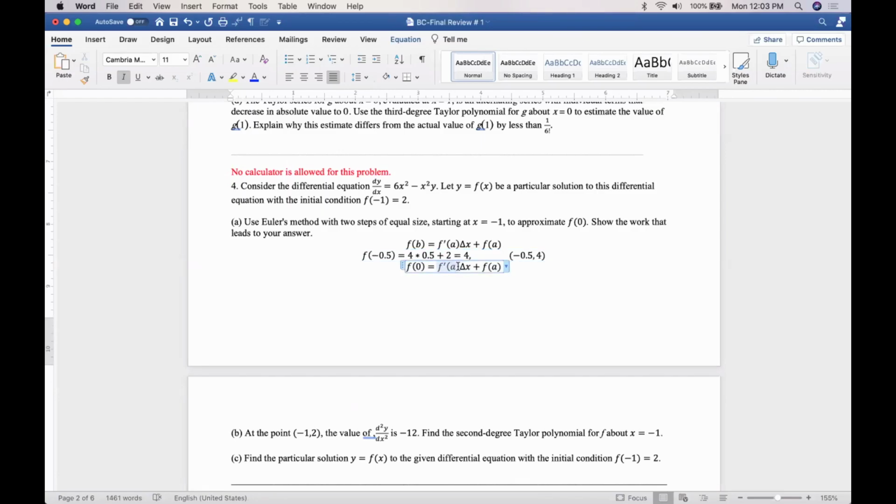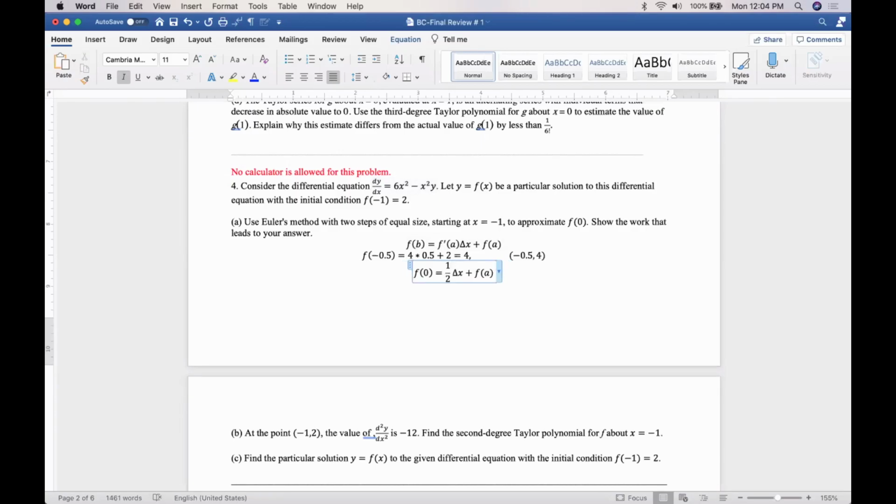So f prime at that point means put the numbers in here. -0.5 squared is a quarter. And a quarter times 4 is 1. A quarter times that is 3/2. So 3/2 minus 1 is half. So the derivative here is half.